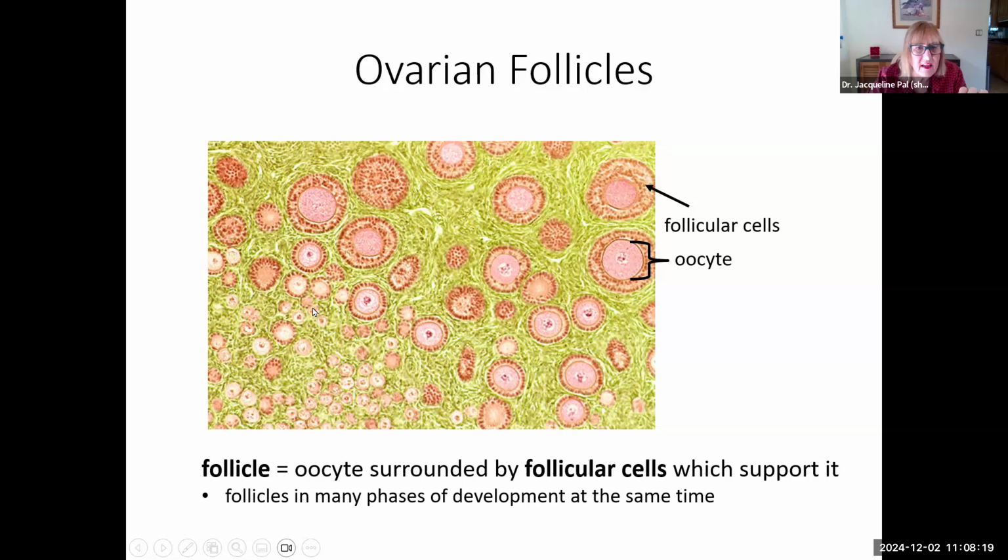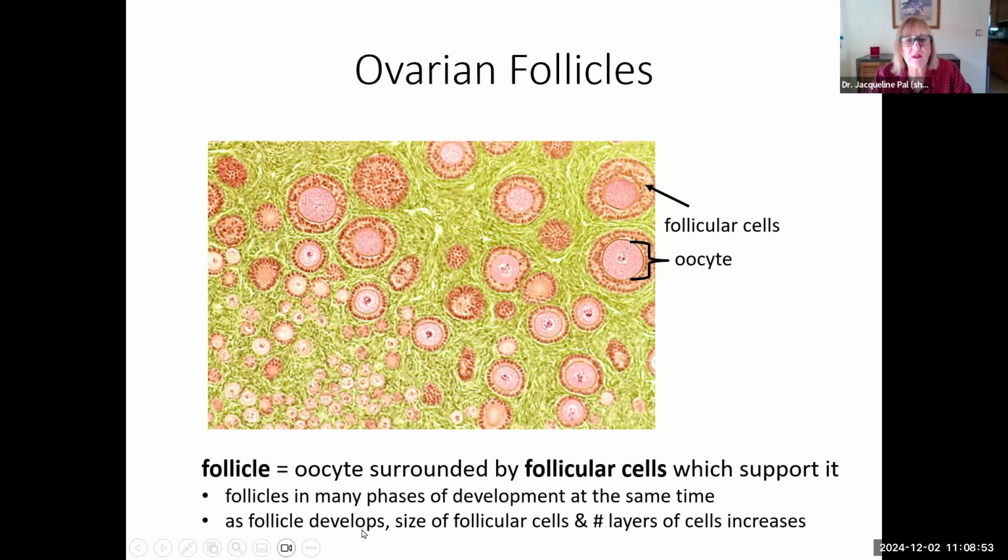And then here, maybe we have a layer of cuboidal cells with a very small oocyte. Here's a larger oocyte, and we still have a layer of cuboidal cells. Here, the cuboidal cells are bigger and the oocyte is larger. Here's a larger oocyte with bigger cuboidal cells. Here we have two layers of follicular cells. And then over here, we have multiple layers of follicular cells.